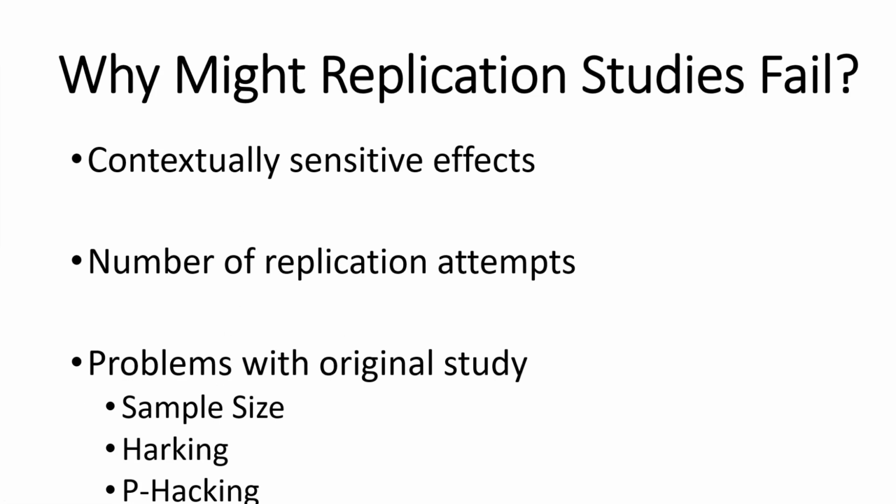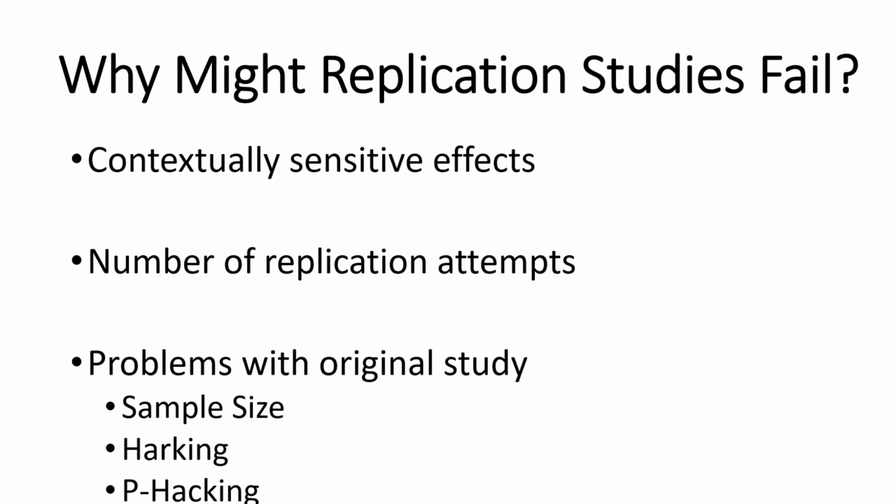And then for our last thing is problems with the original study. I've already kind of talked about these problems, but I didn't have the names on the previous slide. So the sample size problem was pretty simple to cover, where having too small of a sample size in the original study can mess with your data because of chance variation. We can also run into problems with how researchers are looking at their results.